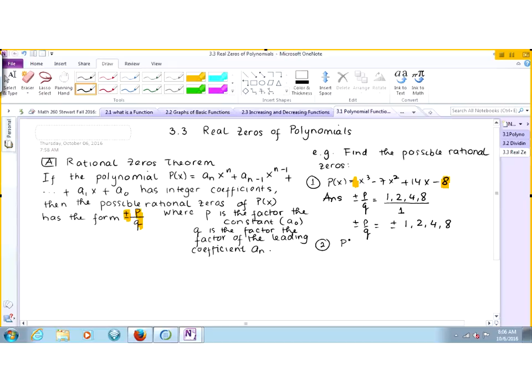What about if I have P of x is equal to 4x cubed plus 4x squared minus x minus 1. So I want you to find the candidates for rational zeros. I'm not saying that all of them are the rational zeros, but they're the candidates.